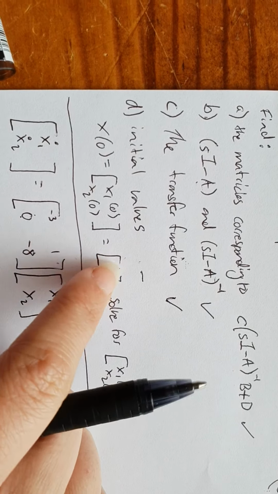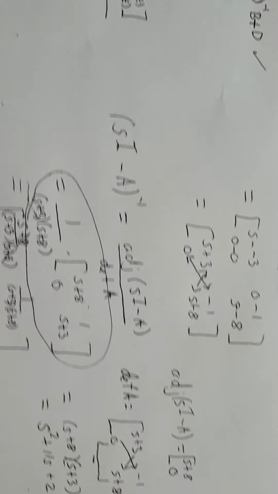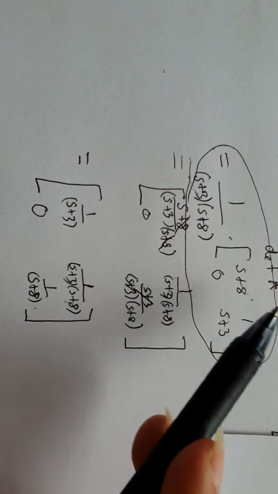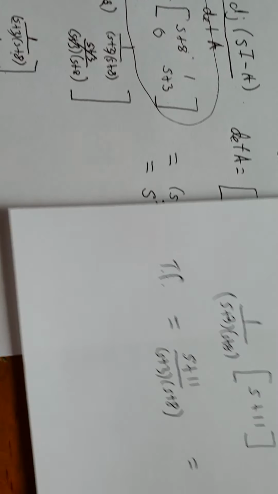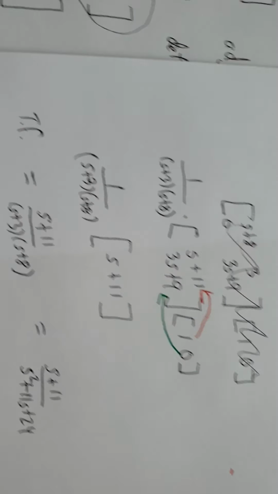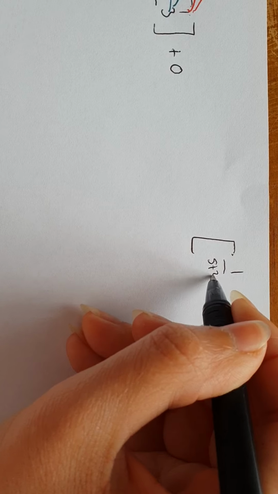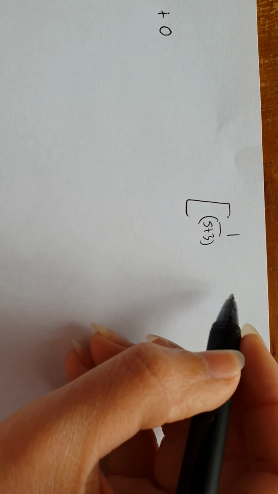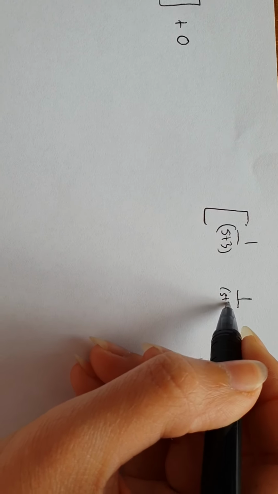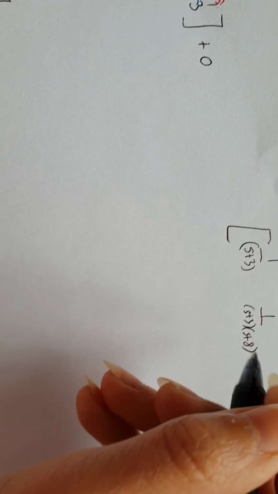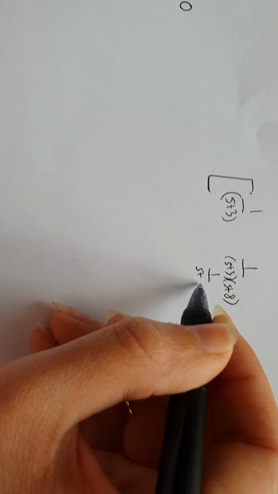Now we need to find our initial values and solve for this. This is where this other matrix that we solved from before comes in handy. It's much easier just to write that matrix. So let's write it again. 1 over s plus 3, 0, 1 over s plus 3, s plus 8, 1 over s plus 8.